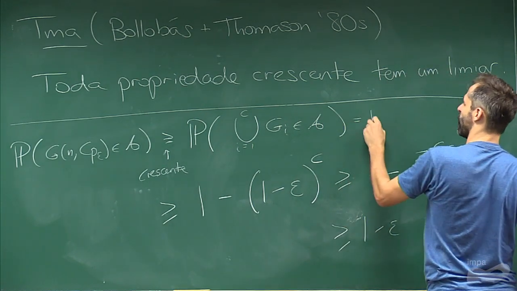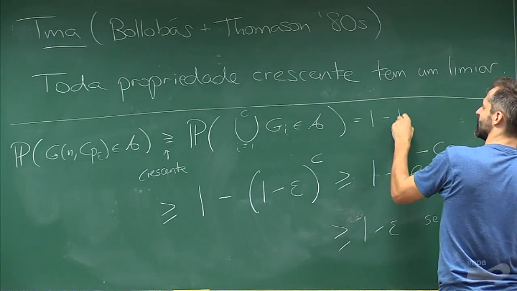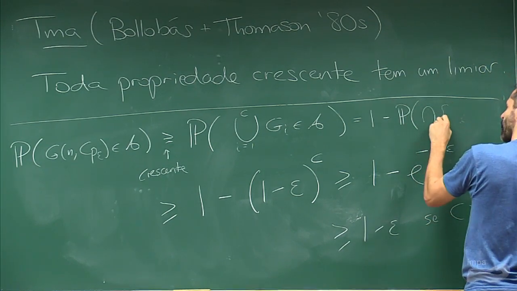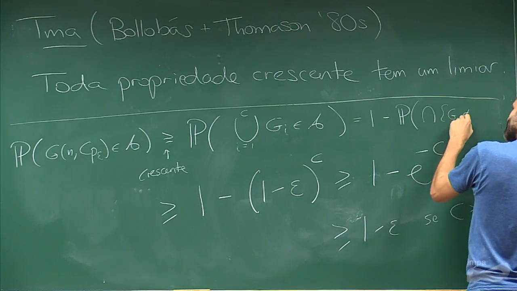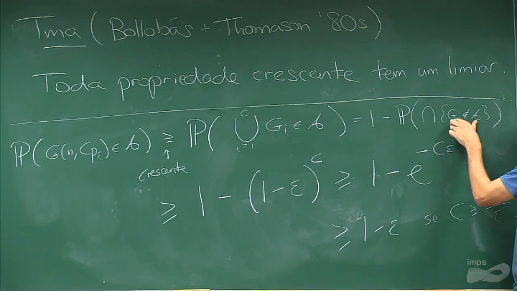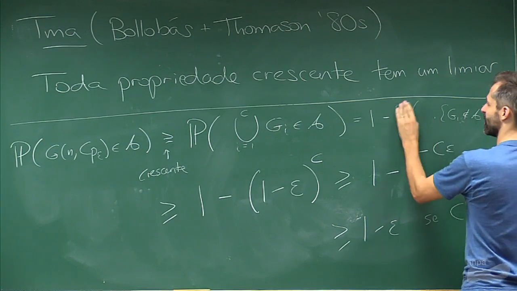It's equal to 1 minus the probability of the intersection of G_i not in A, which is 1 minus the product of probabilities, by independence.